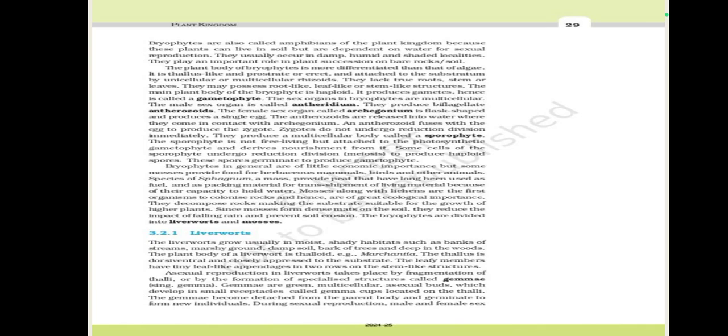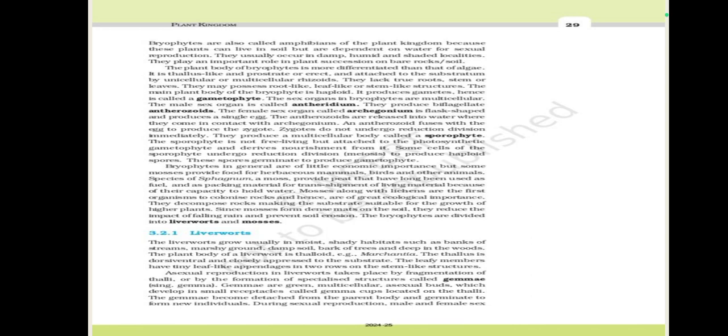Asexual reproduction in liverworts takes place by fragmentation of thalli or by the formation of specialized structures called gemmae. Gemmae are green, multicellular, asexual buds which develop in small receptacles called gemma cups located on the thalli.